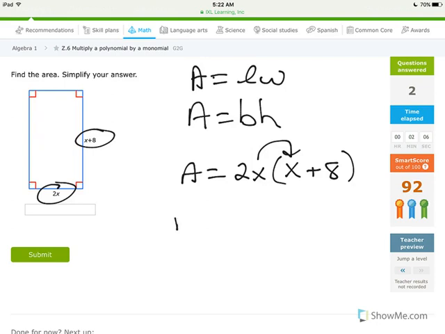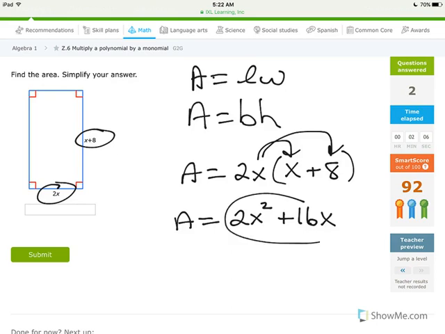So distribute your 2x. 2x times x is 2x squared. And 2x times the 8 should get you 16x. And that can go into the answer box.